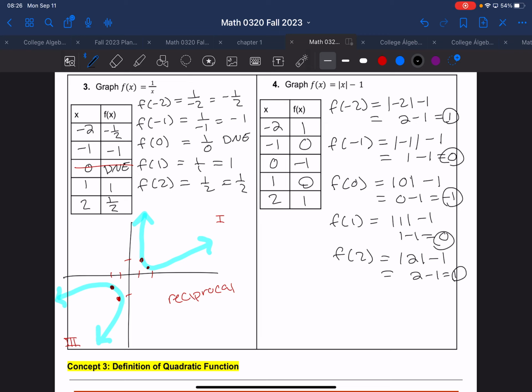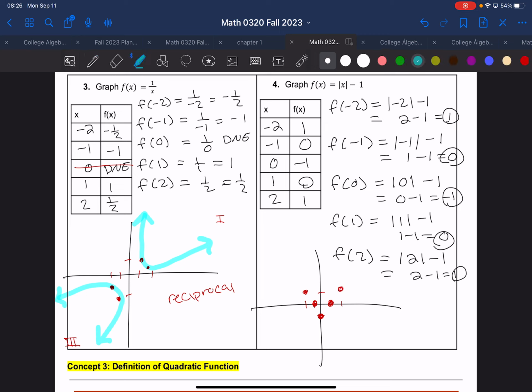Okay. So if we were drawing our graph, we have our first point of -2, 1. So -2, 1 right here. -1, 0. 0, -1. 1, 0. And 2, 1.